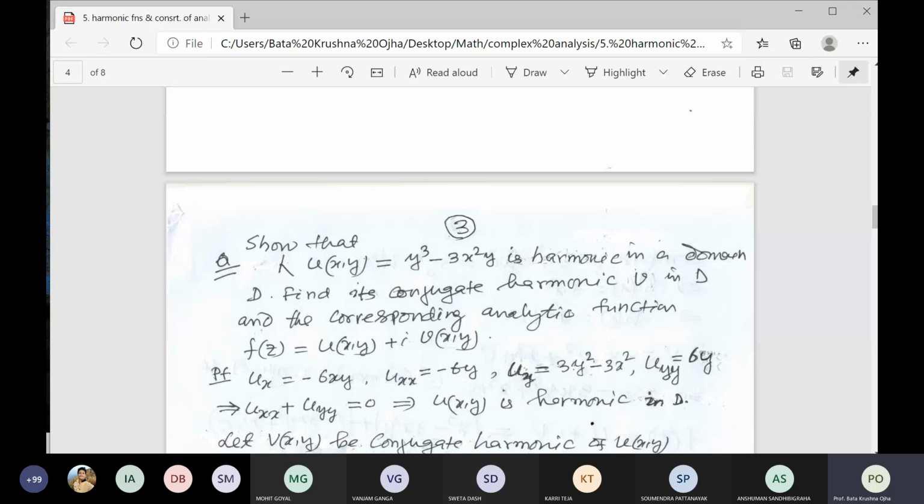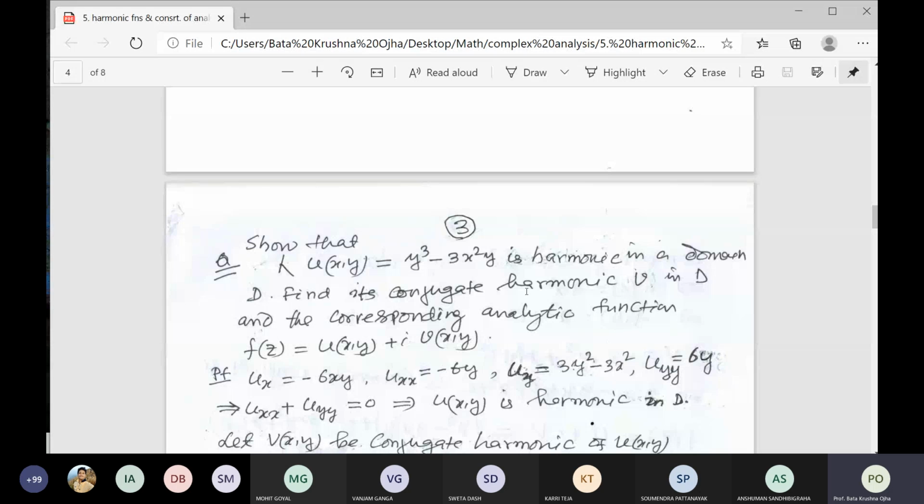Find the conjugate harmonic of u, that is v, and the corresponding analytic function. All the parts are included here. First, examine whether the function is harmonic. Second, u is given, so calculate the harmonic conjugate of u, that is v. If u and v are both known, then you can write f(z) = u + iv as the analytic function.